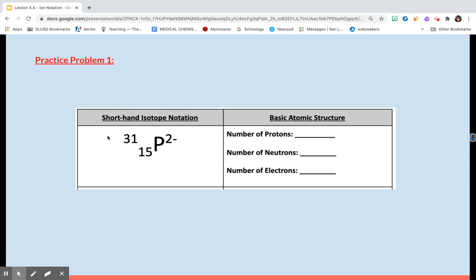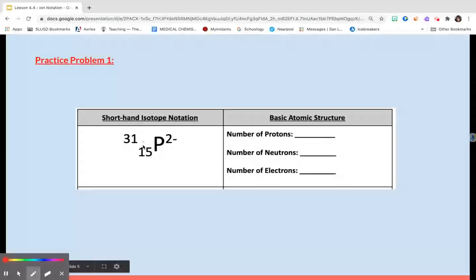So something I might ask you is I might give you the shorthand isotope notation or the written format of an isotope or an ion like this one. And I might ask you how many protons, neutrons, and electrons do I have in this element? So let's figure out how many protons I have first.